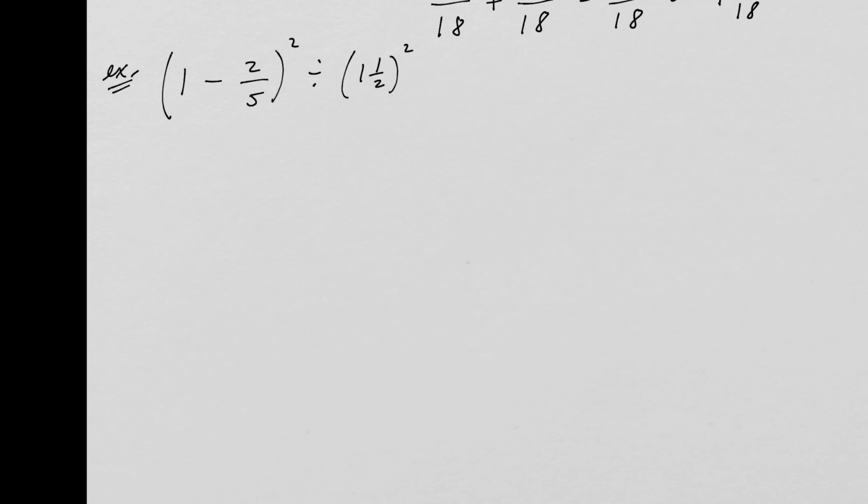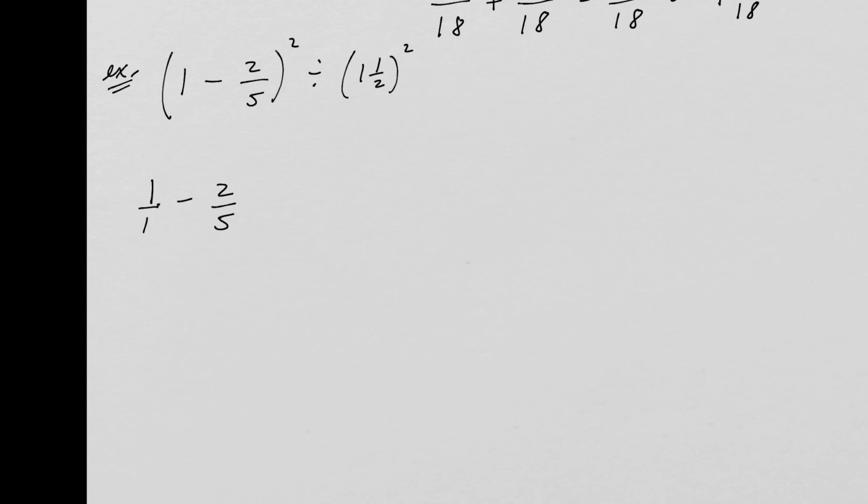In this case, I guess they're at the same level. The left parentheses, I can definitely do that subtraction. There's not much I can do in the right parentheses, although I could write it as an improper fraction. So let me do the left parentheses first. I need to do 1 minus 2/5. Think of 1 as 1 over 1. In order to subtract, I need the same denominator, so the lowest common denominator is 5 in this case.